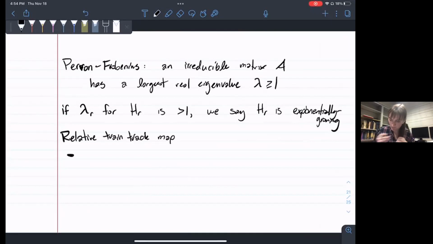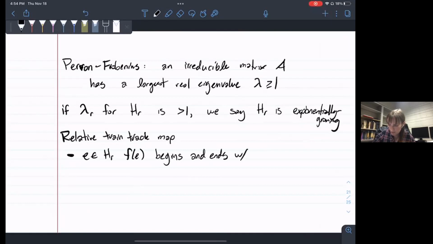So the first condition is that if I have an edge E in my rth stratum, the edge path f of E begins and ends with edges of H_R. This is more a convenience than anything, that first condition. The second condition is also more a convenience than anything.